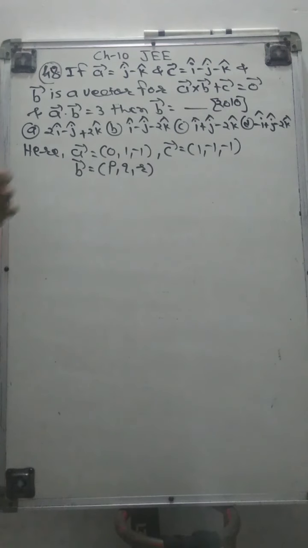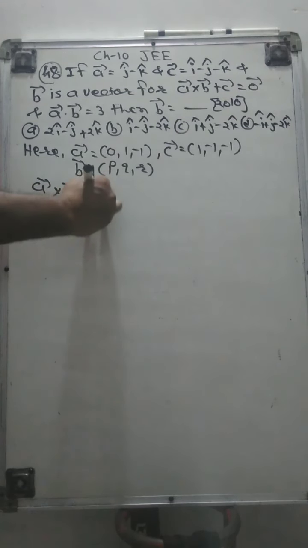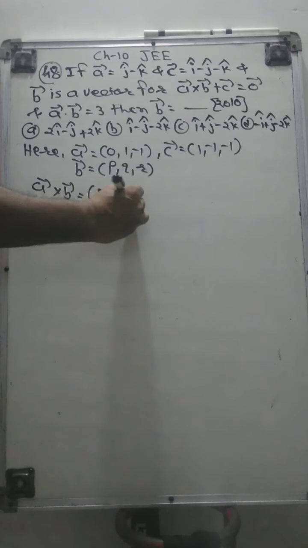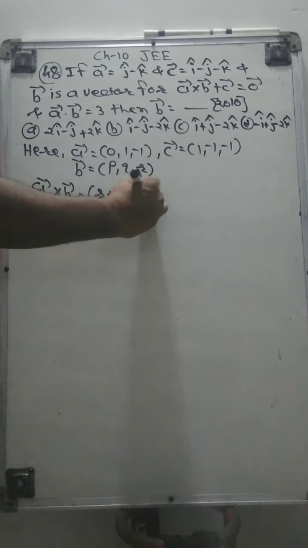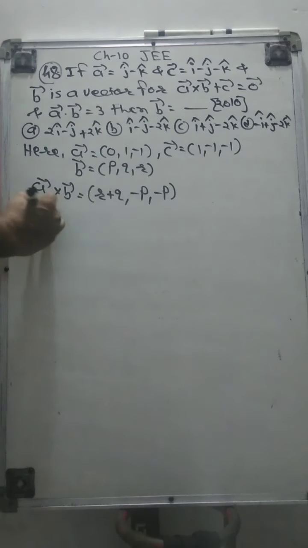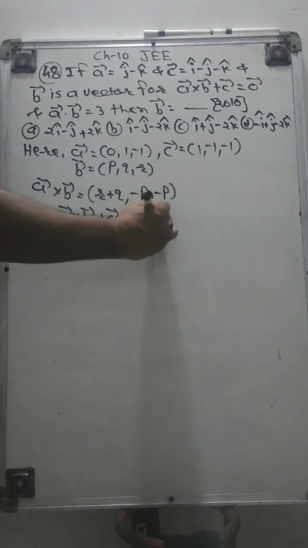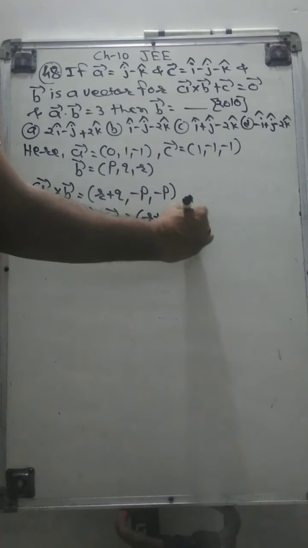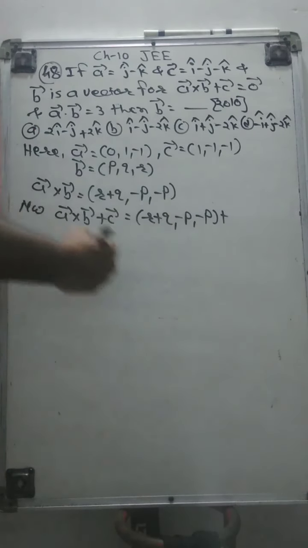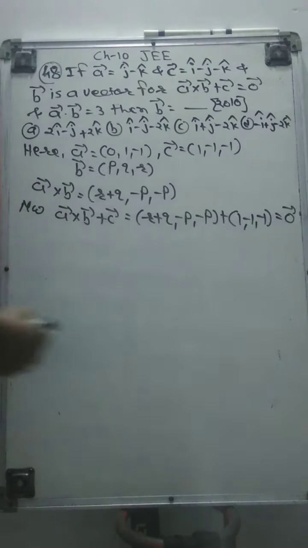Right? So now here we first find A cross B, which is (r plus q, minus p, and then minus p). And now A bar cross B bar plus C bar is equal to (r plus q, minus p, minus p) plus (1, minus 1, minus 1) equals 0.